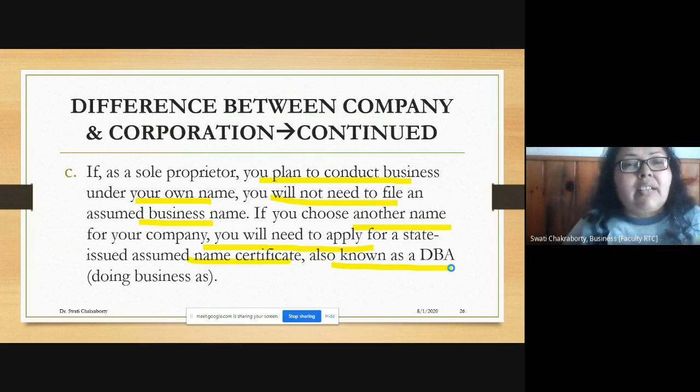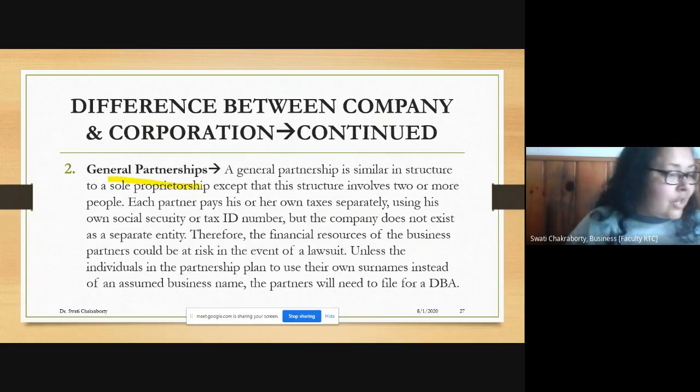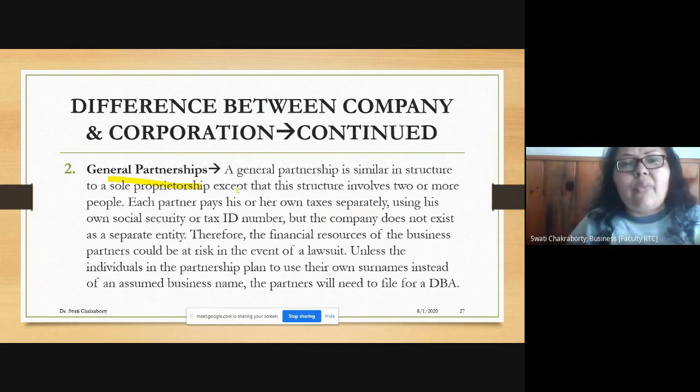Now, the next type of company is general partnerships. It involves two or more people, similar to a sole proprietor, where each partner will pay his or her taxes separately using their own tax ID number, but the company does not exist as a separate entity.